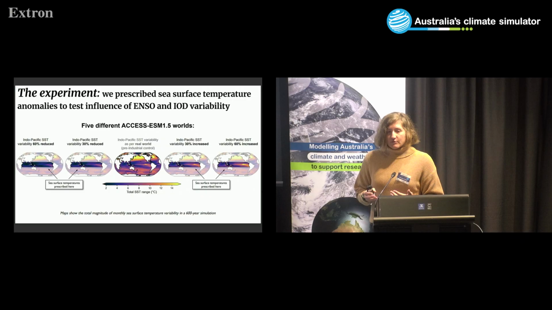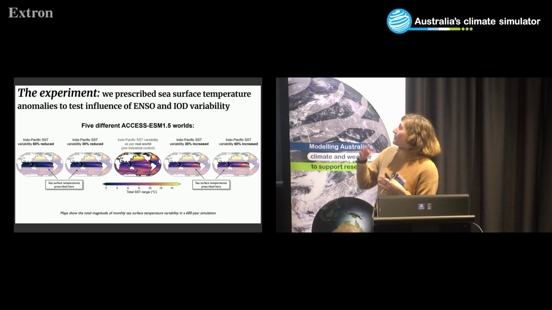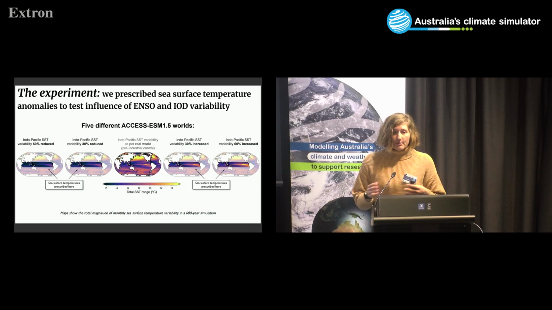What we've done with the ACCESS-ESM is to alter or prescribe the magnitude of sea surface temperature variability in the tropical Indian and Pacific Oceans to see how that affects rainfall, and then run those simulations for many centuries so that we have enough time to get some reasonable drought statistics.